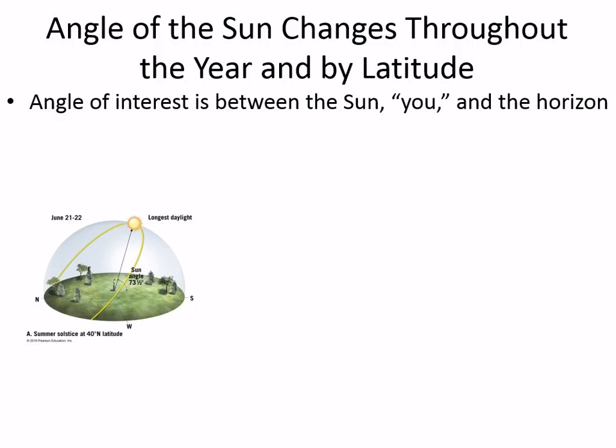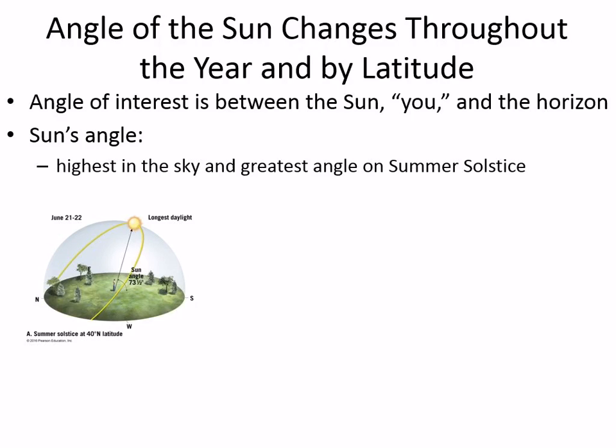Now when they talk about an angle of the sun, basically you take one hand and shove it out to the horizon, and you take the other hand, make a vertex with your elbows, and point to where the sun is. That angle right there is the angle we're talking about. Okay? So we have a low angle, and then we have a high angle. This would be our winter solstice, this would be our summer solstice. Okay? All right, so you probably buy the whole angle thing.